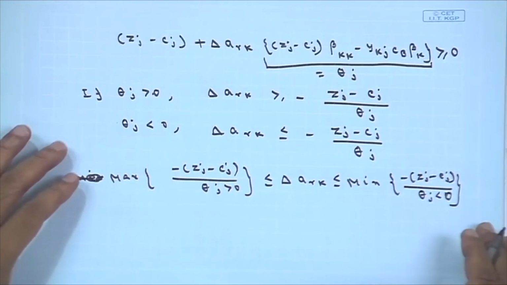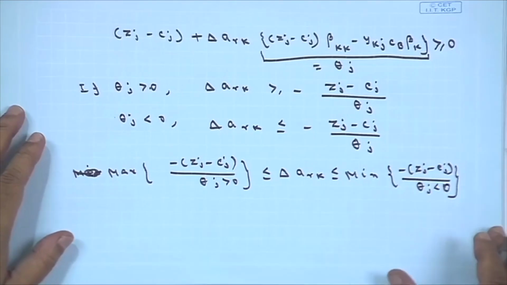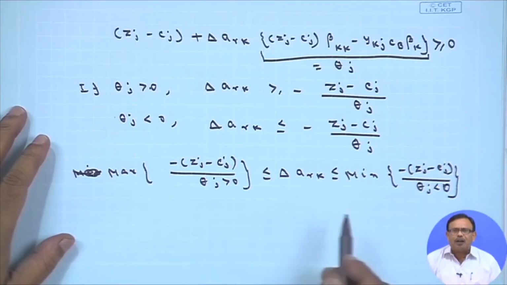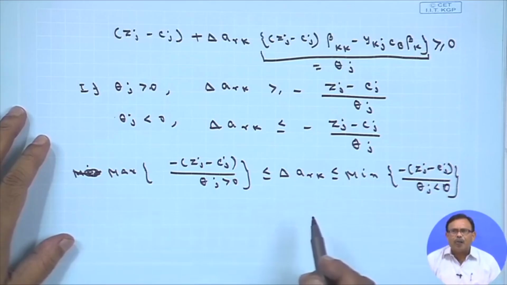Therefore, to maintain the optimality, if the variation in the coefficient matrix A lies in the given range, then the old solution will remain unchanged.